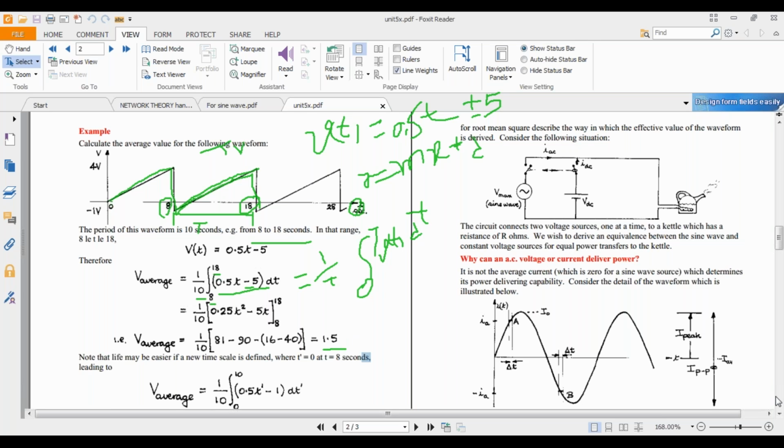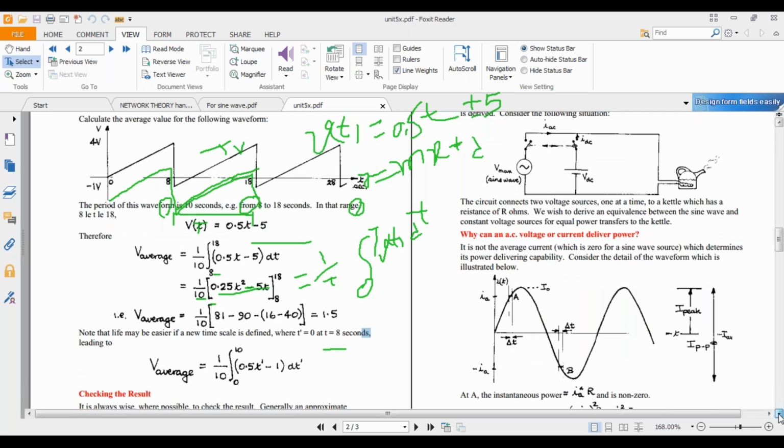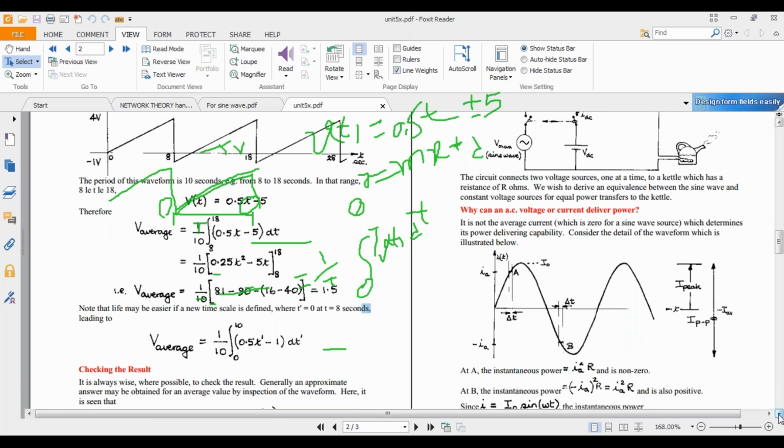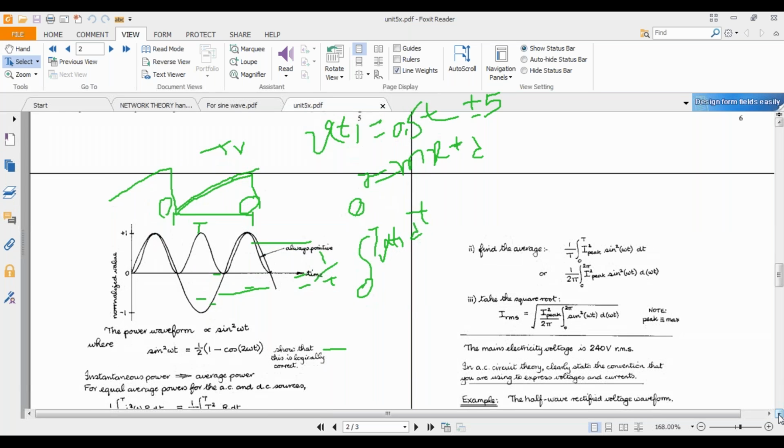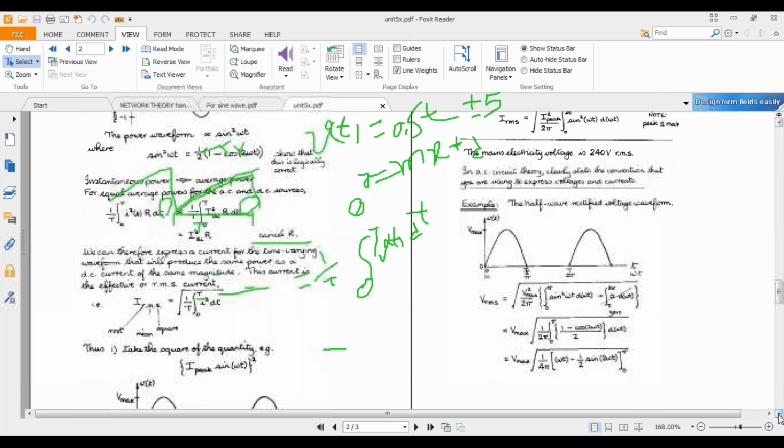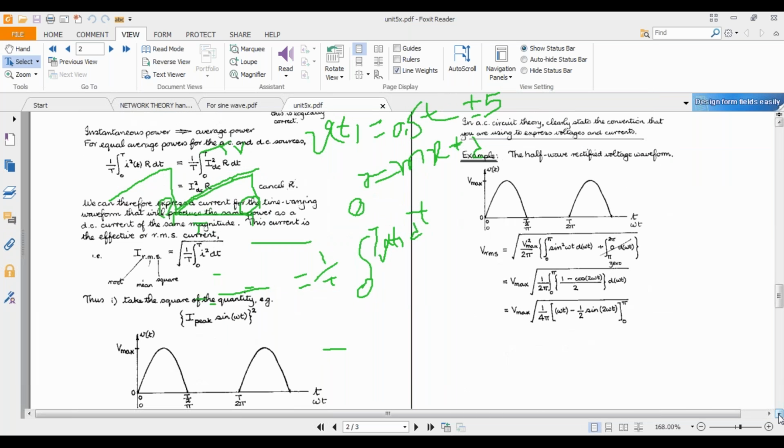Like that, its average value can be found out, and similarly its RMS value can also be found out here. No problem. Like that, you can calculate the RMS value and average value of different waveforms here.